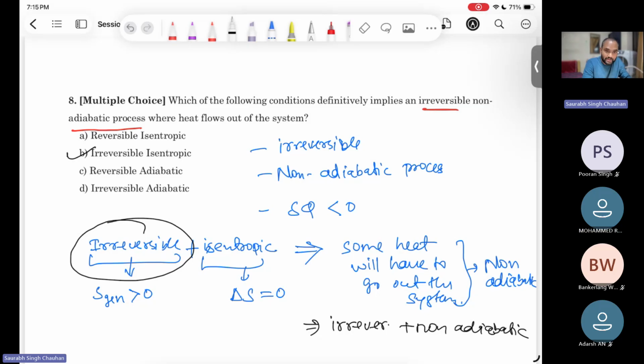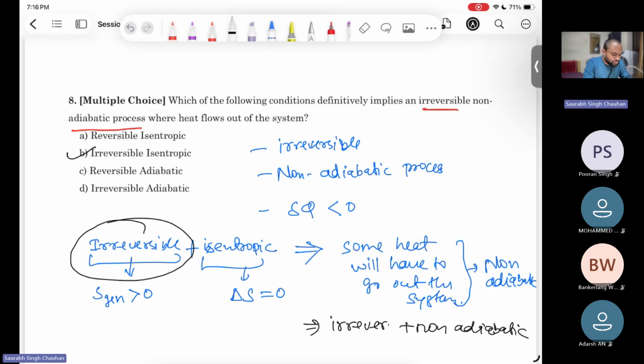And if heat is going out from the system in such a way that the exact amount of entropy going out with the heat is exactly equal to the entropy generated because of irreversibility, in that case, the total entropy change can be 0. So the process will be isentropic, but it is also irreversible. So an isentropic process can be irreversible. This you should keep in mind.